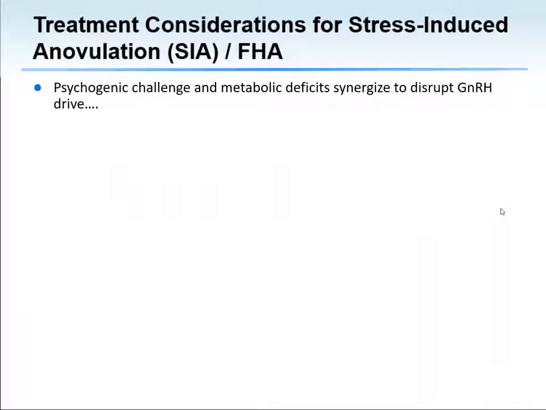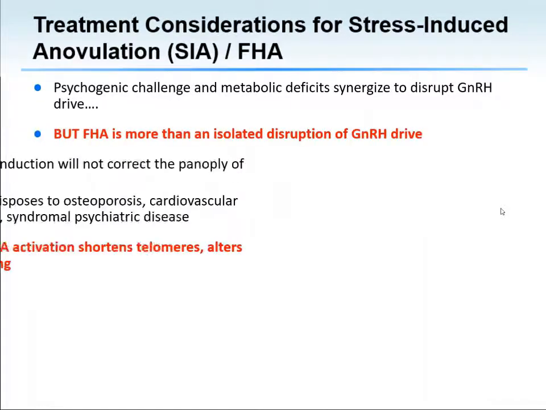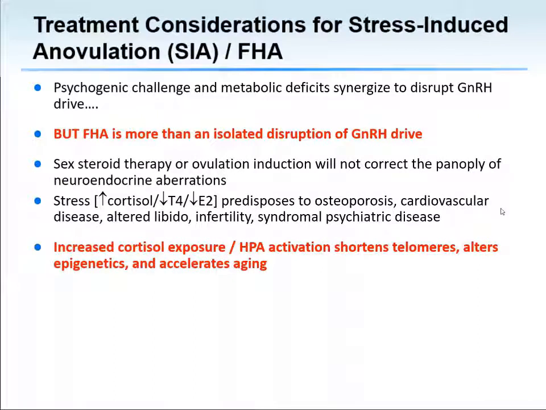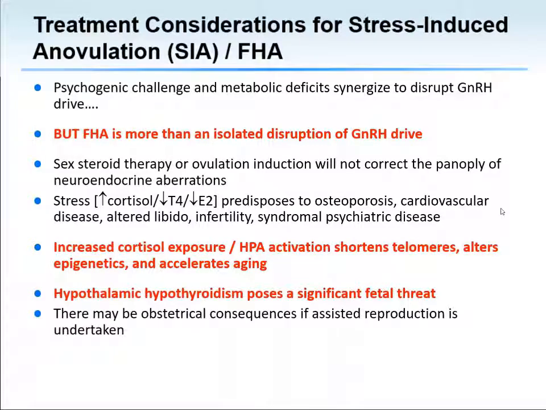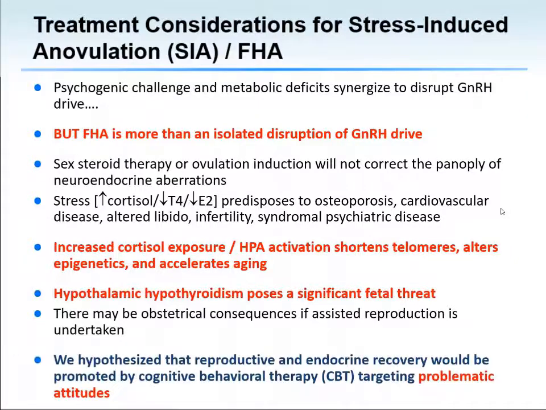So we know that psychogenic challenge and metabolic deficit synergize. We know we want to undo the entire cascade so that we get a better pregnancy and a better, longer living individual. We know that, in particular, hypothalamic hypothyroidism is a fetal threat. And so we said, what can we do?